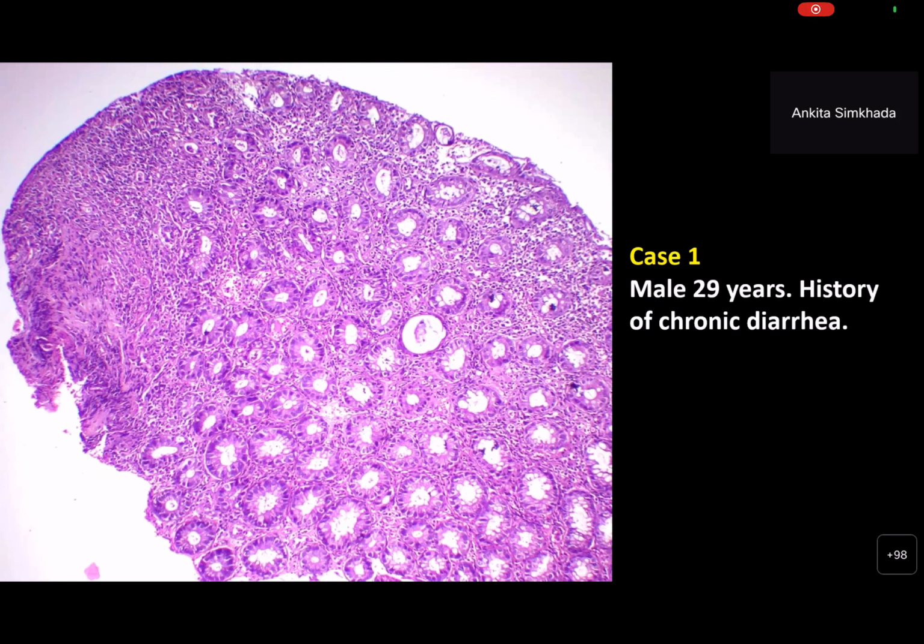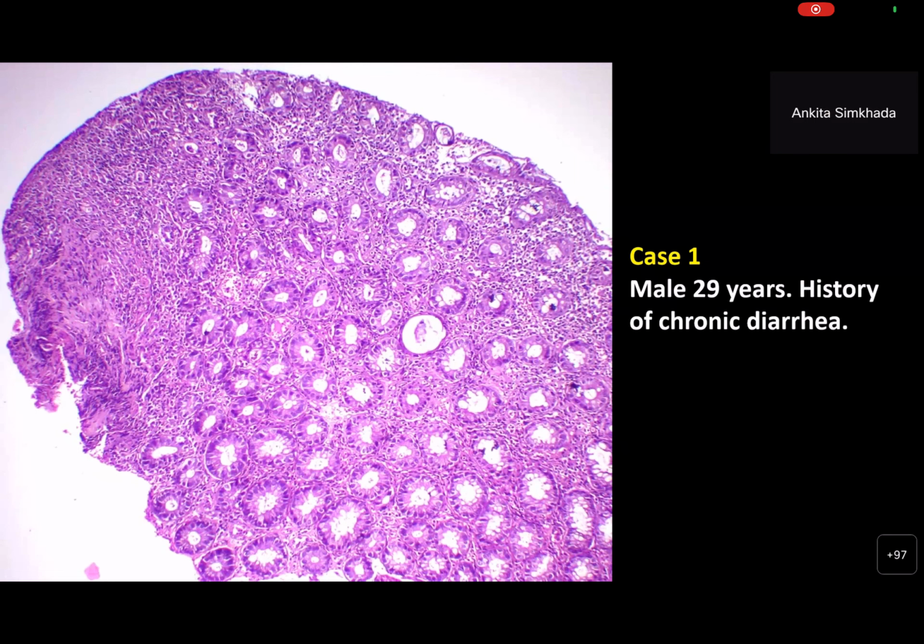Okay, what do you think is the most striking feature in this slide, compared to a normal colon? Compared to a normal colon, I think there is focal loss of gland with the epithelium. I cannot see a proper epithelium there.